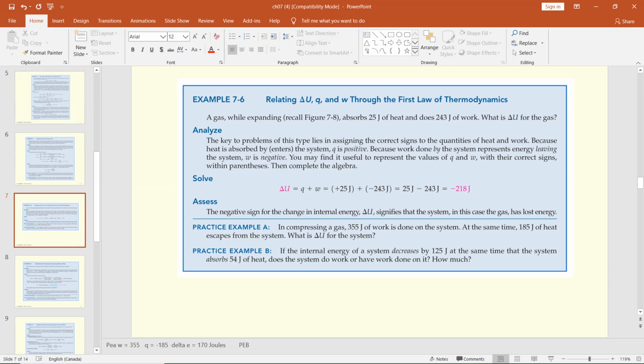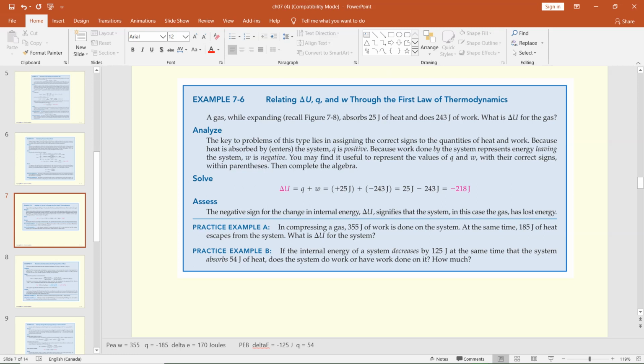If the internal energy of a system decreases by 125, so delta E is negative 125 joules, at the same time that the system absorbs 54 joules of heat, so Q equals 54. Does the system do work or have work done on it?